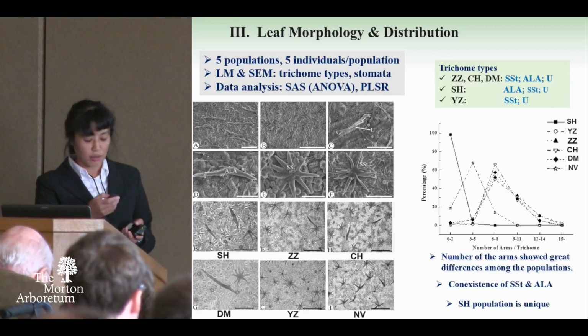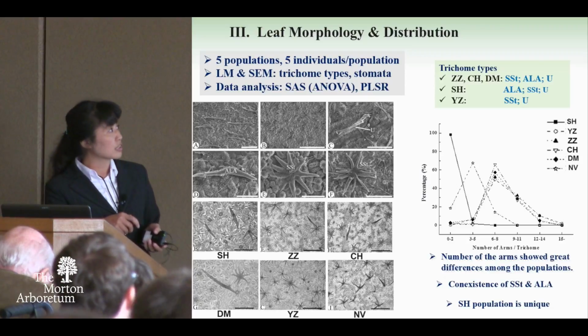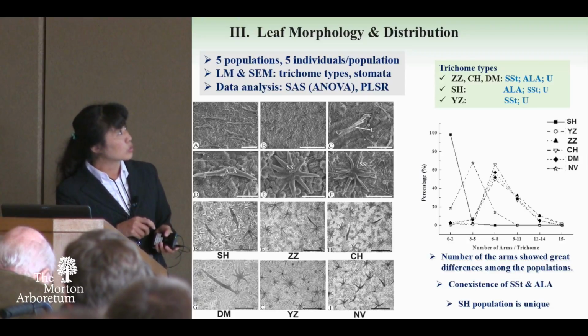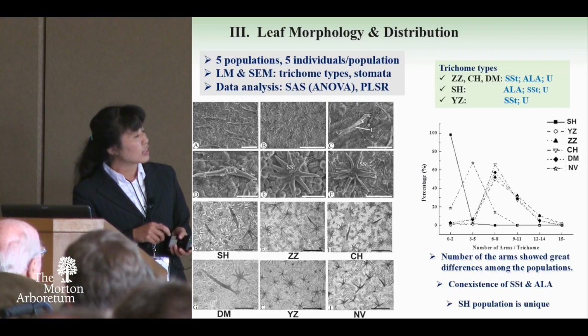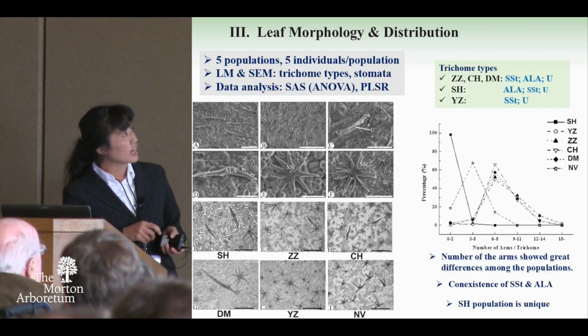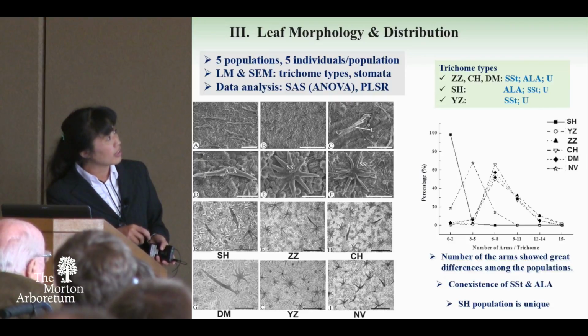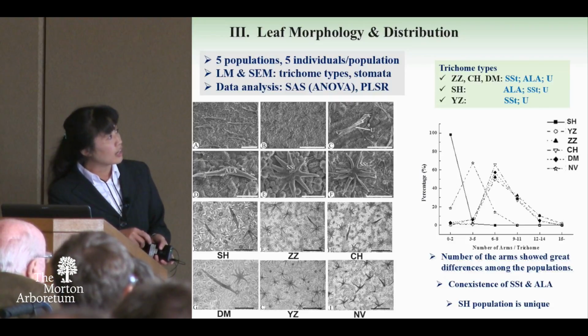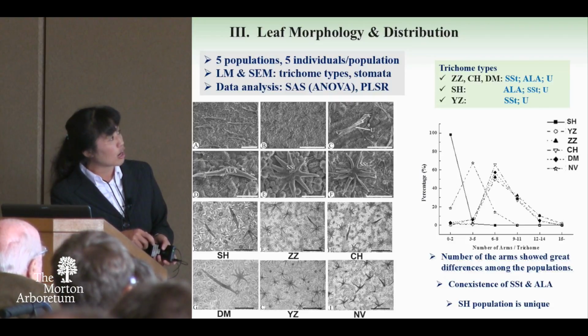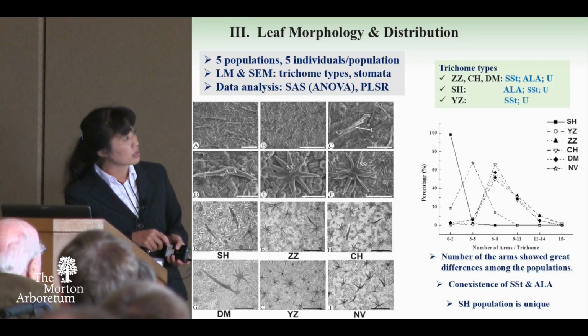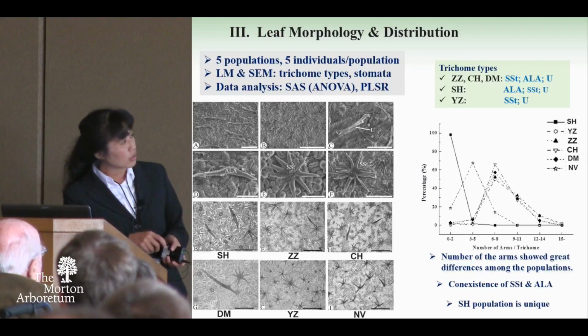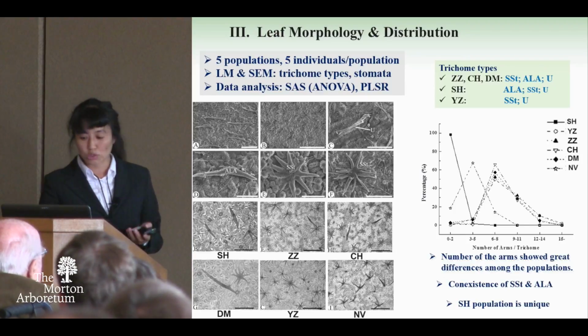First, here is the arm trichome. We found three kinds of trichome, and SH, the Meihuashan population, and the Yizhang population have fewer arms. The rest of the populations have similar trichome arms. So here's the trichome character.